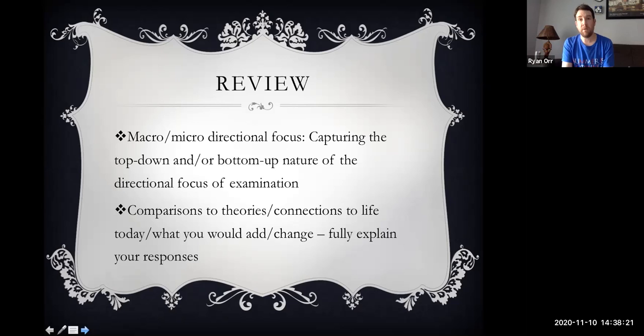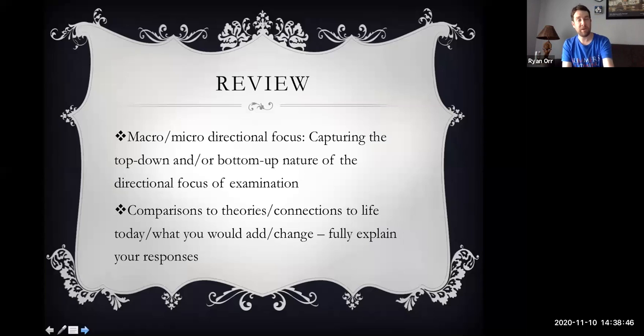So you see, in all these, each thing asks you to think a little bit differently about the theory and the framework under examination. The ongoings within the framework when you're looking at the construction of reality, structure and agency, macro micro focus. And then when I get into the comparisons, you have to think differently about the theory, connecting it to today.